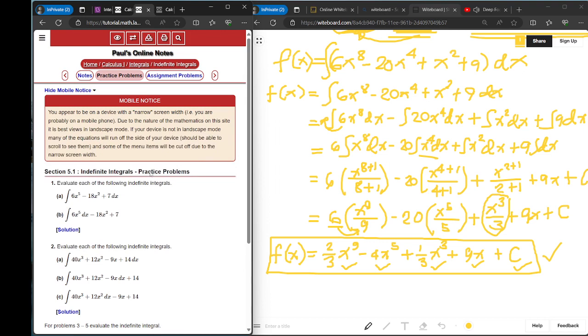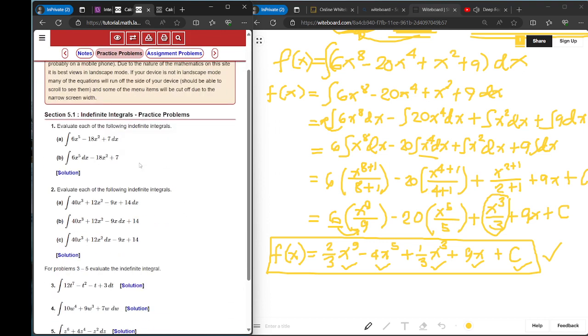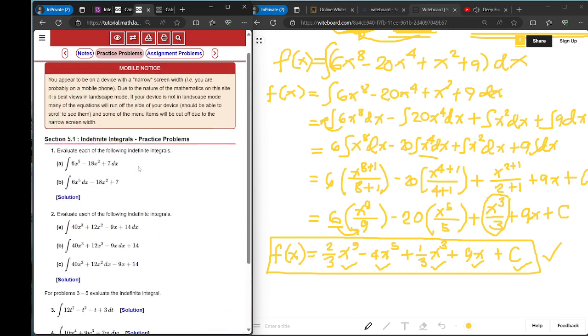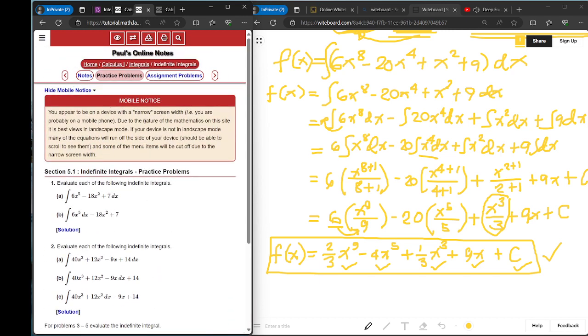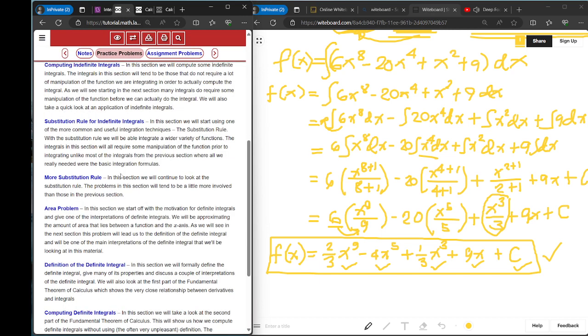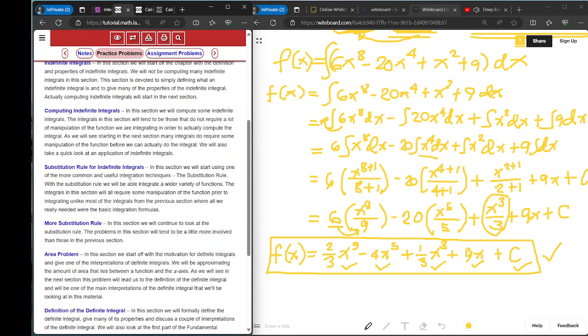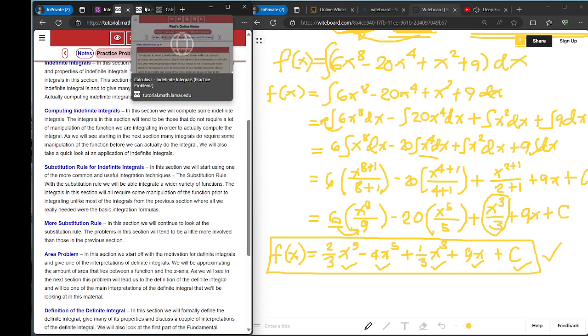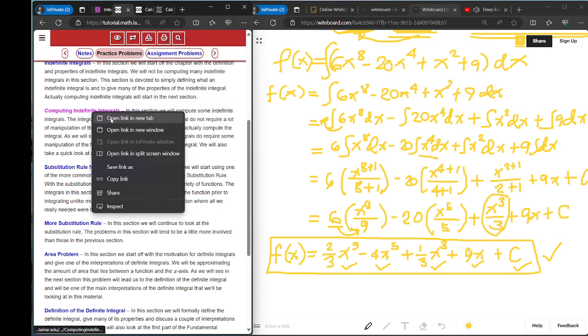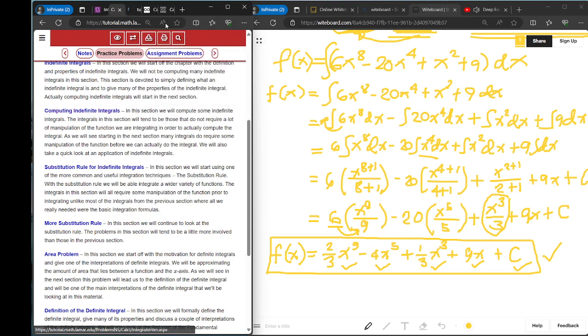So tomorrow, I guess, we'll have to move to the next topic. I guess we'll have to answer computing indefinite integrals. Let's check what's within this part here. Let's just open a new tab.